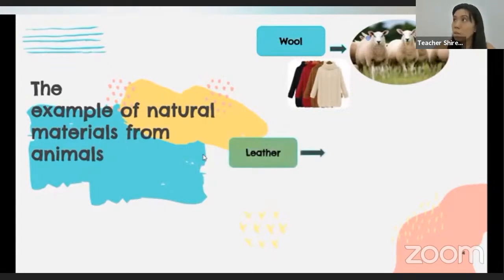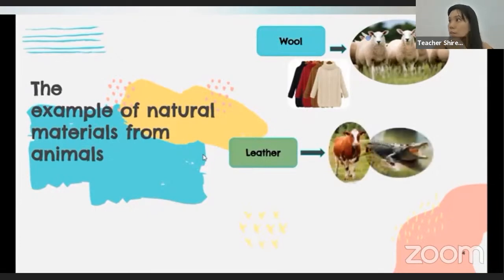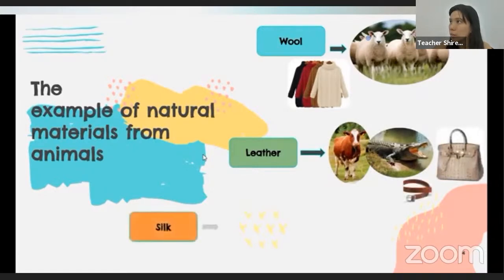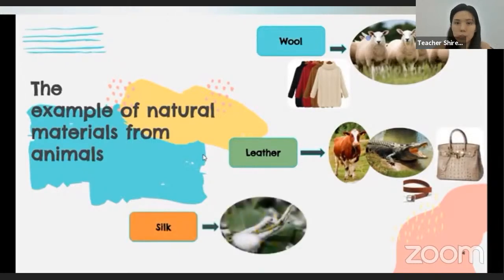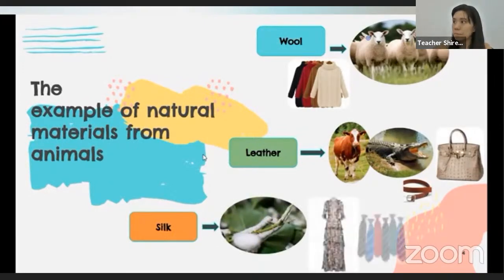We can get leather from cow and crocodile. It can be used to make bags and belts. Third, silk. We can get silk from silkworms. It can be used to make silk dresses and silk ties.